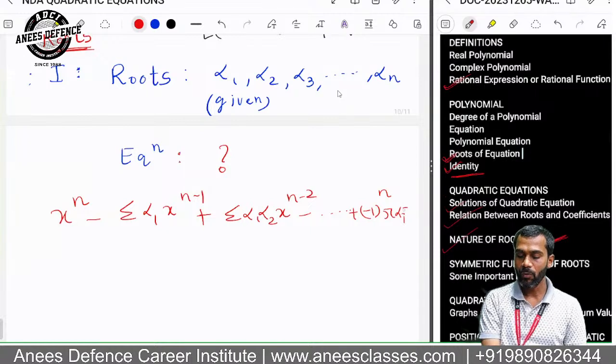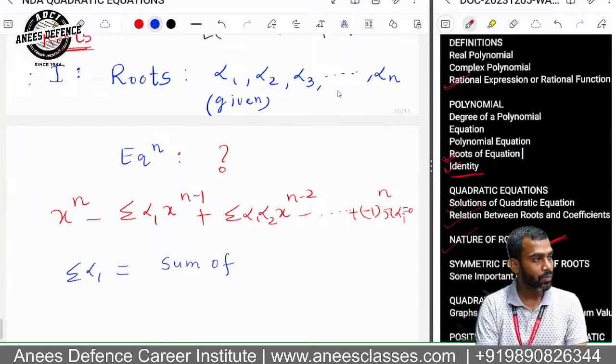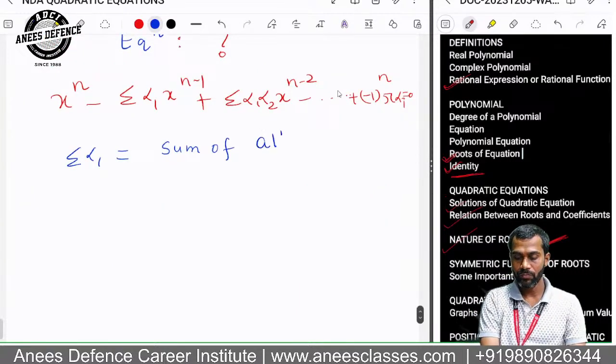Sum of all the roots. What is summation alpha 1 alpha 2?